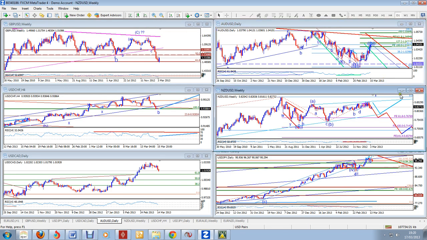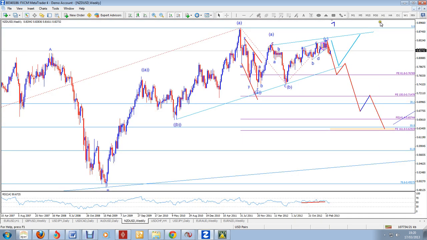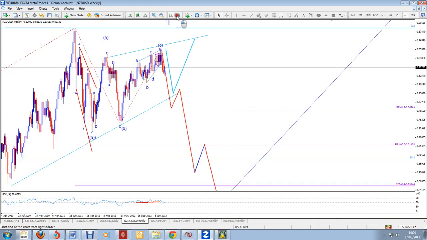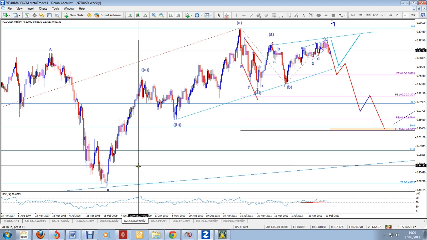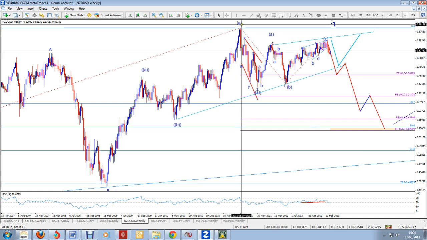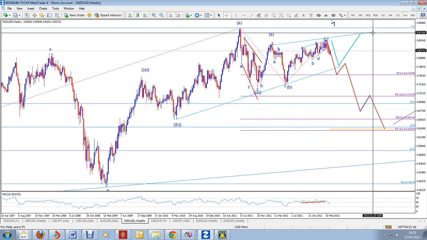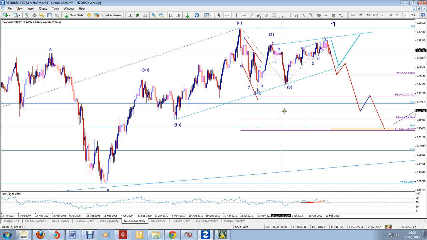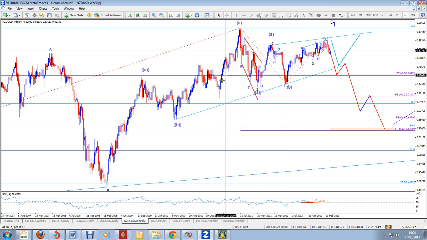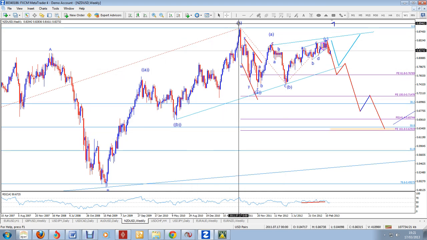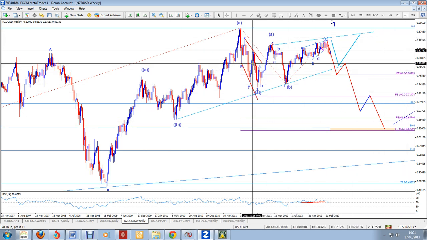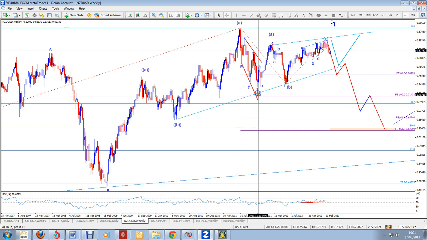New Zealand dollar. New Zealand dollar is similar to the Aussie dollar, except that it's not been in a triangle, and so we've had this wave A, wave B, and this could be part of a wave C, where we got wave A, wave B, and wave C to the upside, or we have this strange looking flat correction, where we have this A, B and C, or larger A, larger B, and the rest of it is going to be a larger part of wave B, and in there we got A, B, C down.